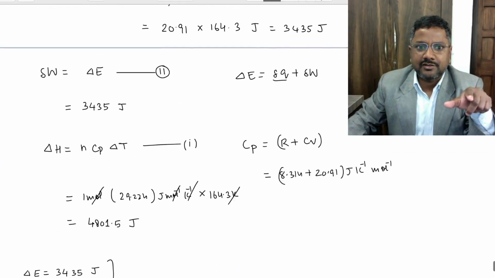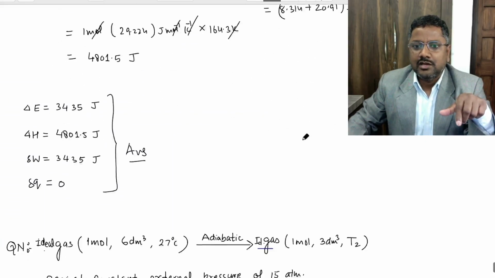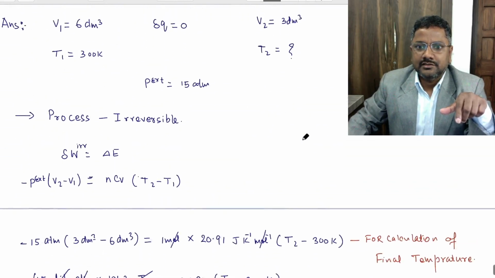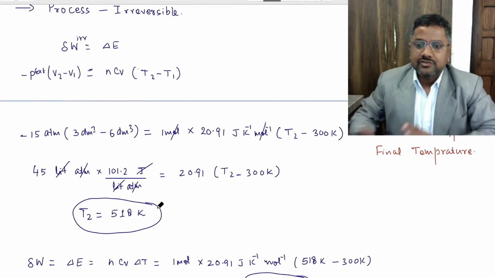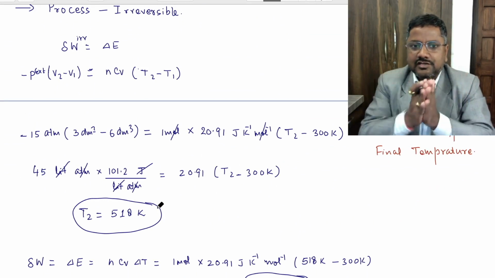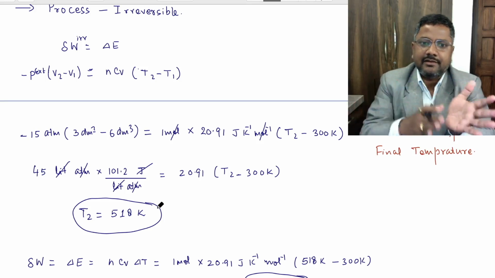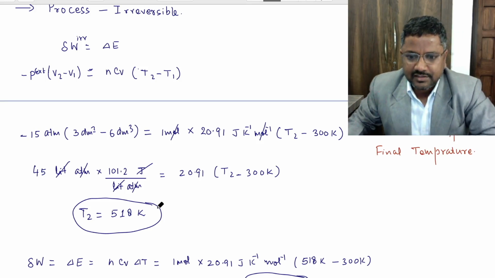In the reversible case, what is the final temperature? 464, and here you have 518 Kelvin. So the initial generalization I gave you regarding adiabatic reversible and adiabatic irreversible is reflected in your question as well, right?